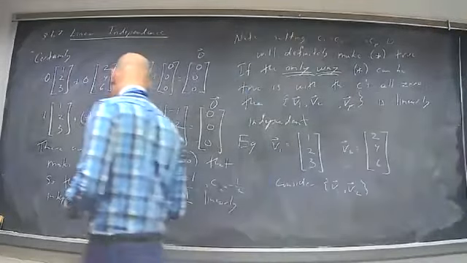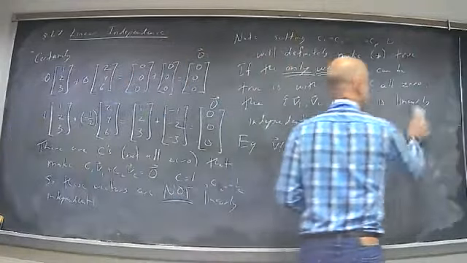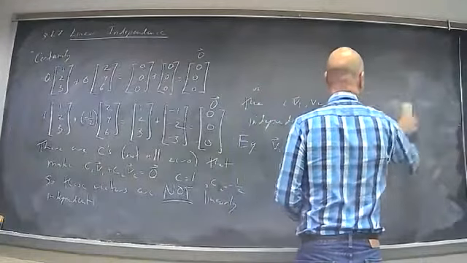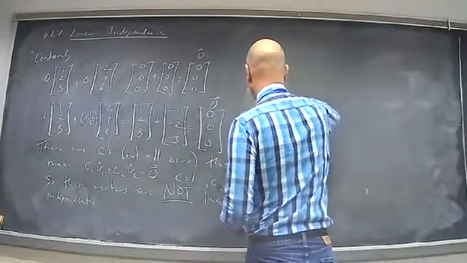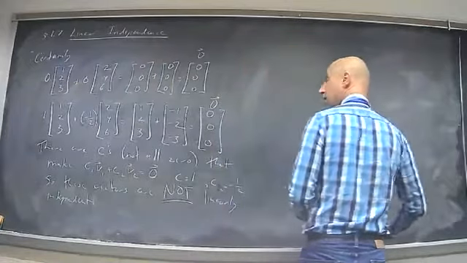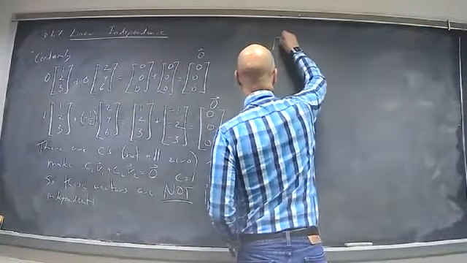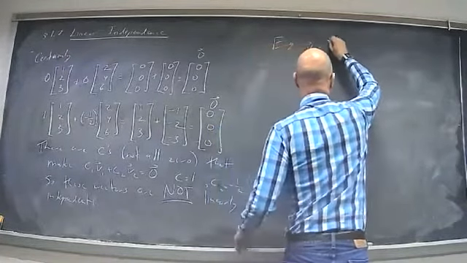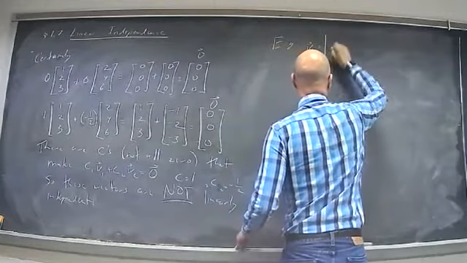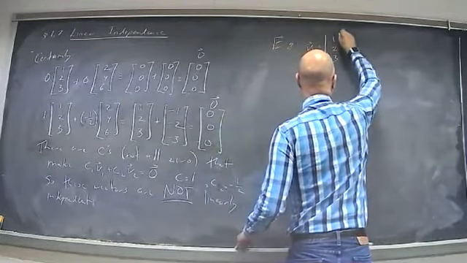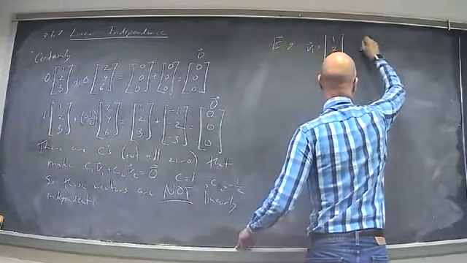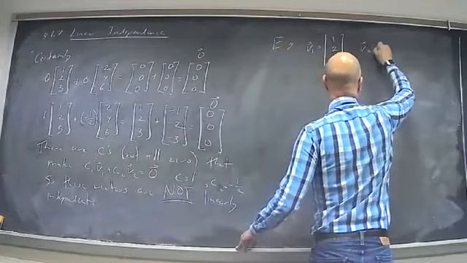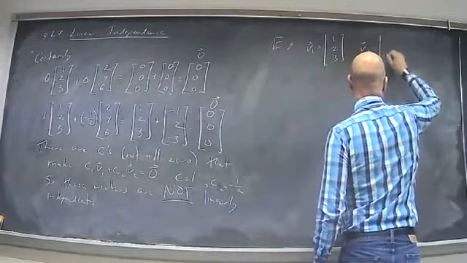So whereas, let's say I gave you the following two vectors. So here's another example. Let's say v1 equals 1, 2, 3, and v2 equals, oh, let's keep it relatively simple.